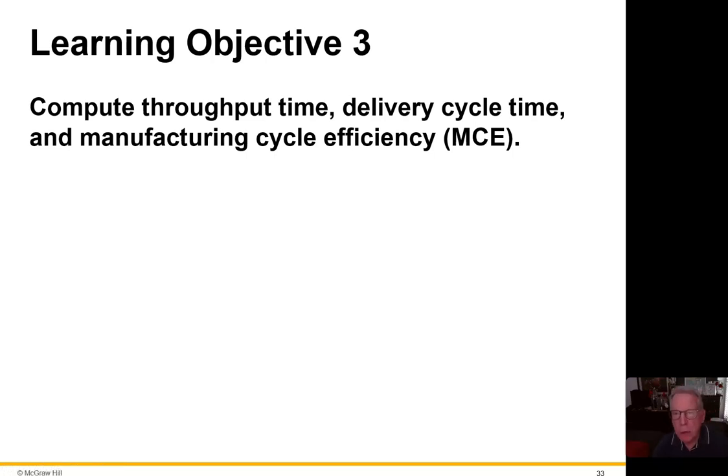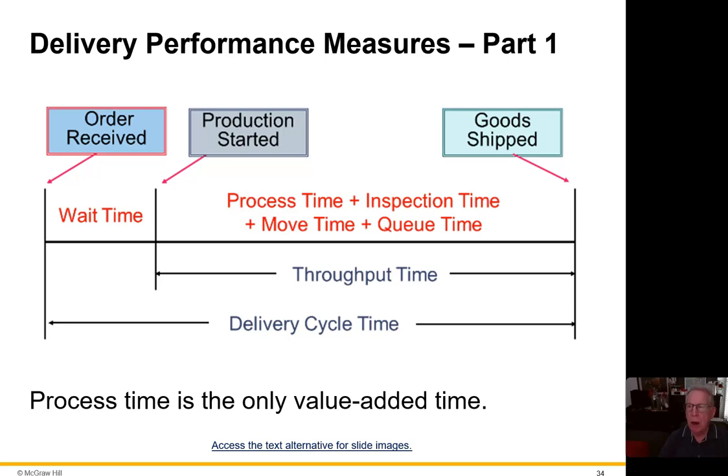All right, let's look at computing the throughput time, delivery cycle time, and manufacturing cycle efficiency, MCE. Here is where we receive our order, and then we wait until the order is started, and then we process that order through work in process.